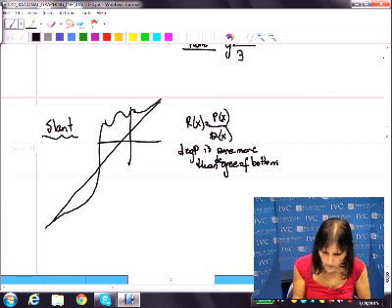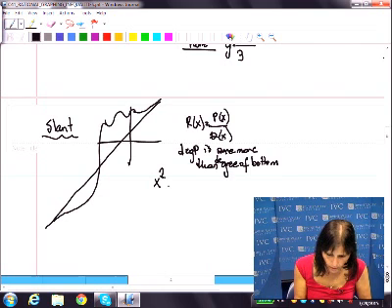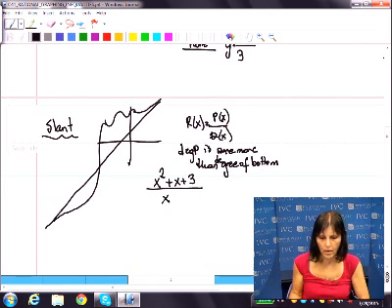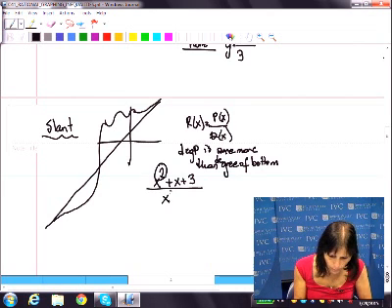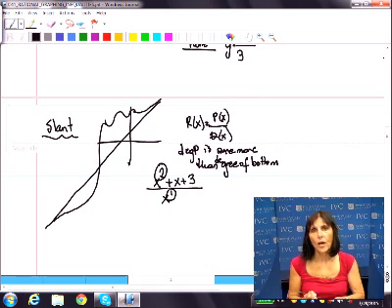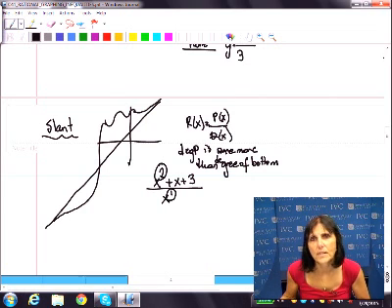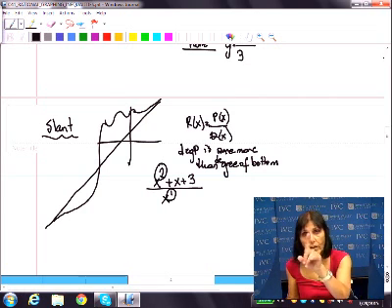Okay, it's going to be something like this. Let's say x squared plus x plus 3 divided by x. The top is 1 more than the bottom. Well, how do I find that slant asymptote? But it is 1 more, not 2.